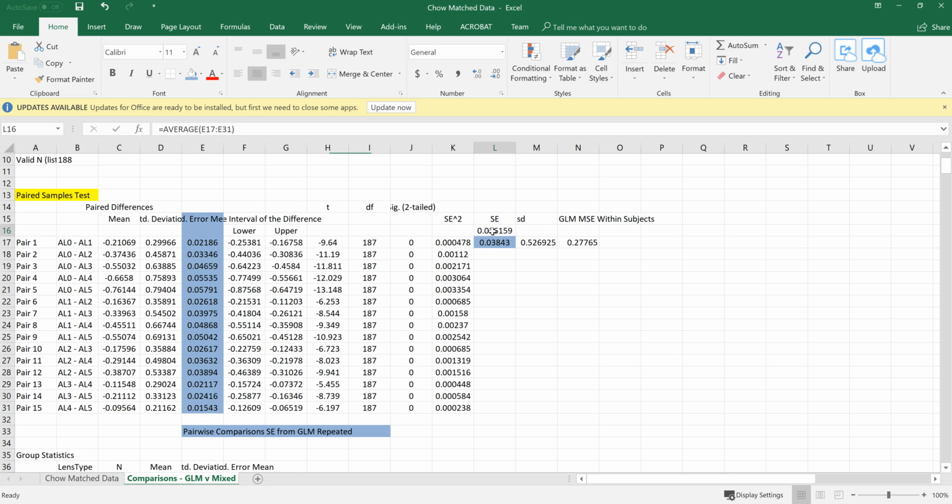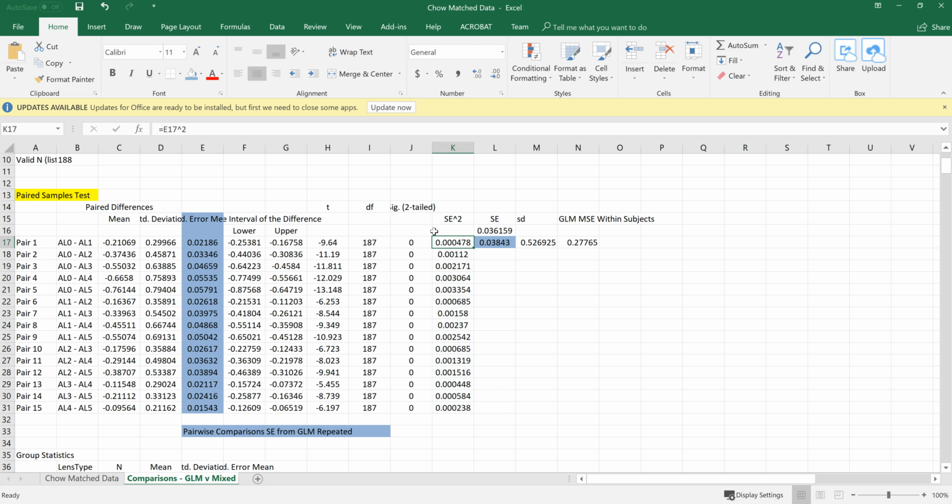Suppose we take the average, 0.036. That's the average of these standard errors. Now, actually, a little bit better average is to sum the square of these guys.